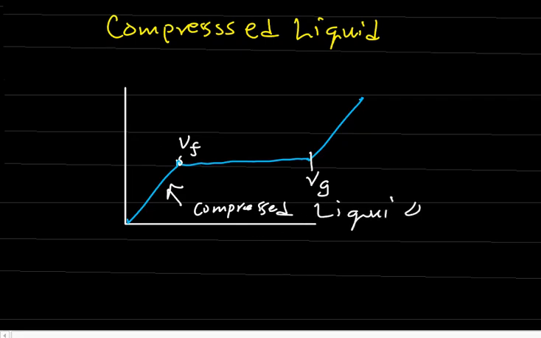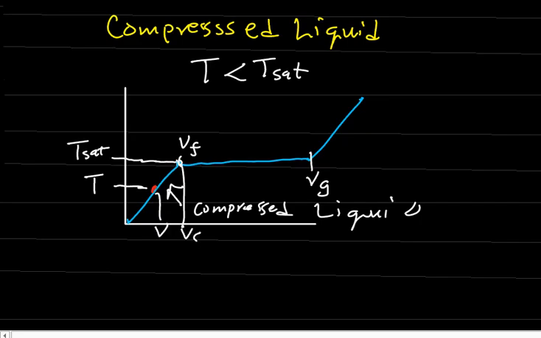So how do we really know that this is compressed liquid? As you can see, the temperature measured at this point is less than the saturated temperature, so T is less than Tsat. Even V is less than Vf, U is less than Uf, and H is less than Hf.